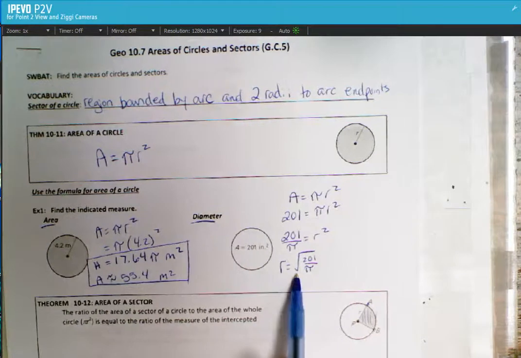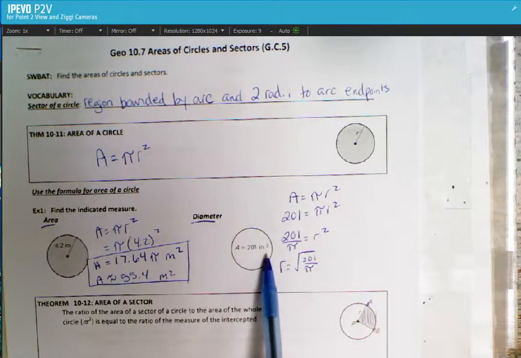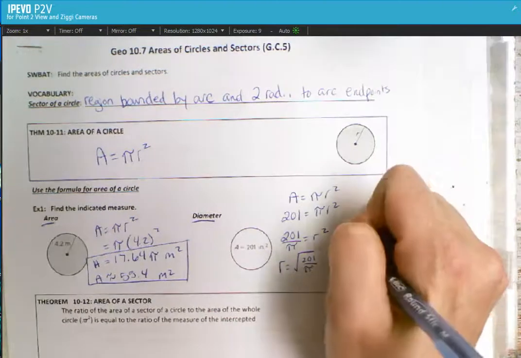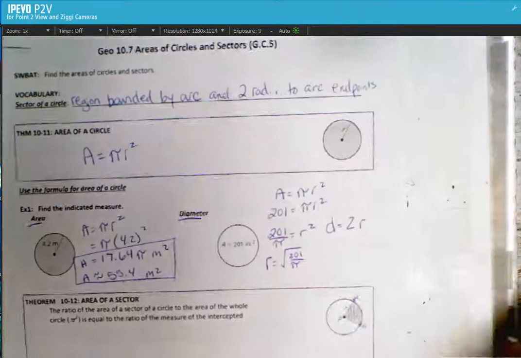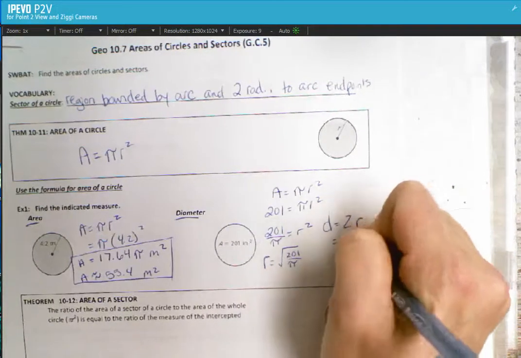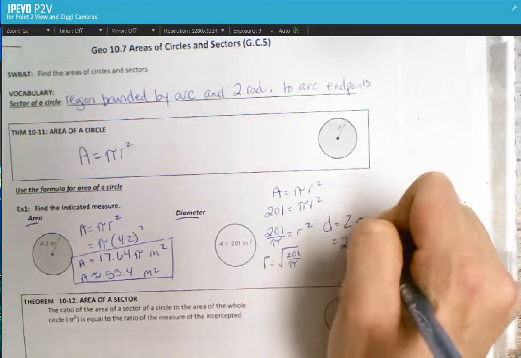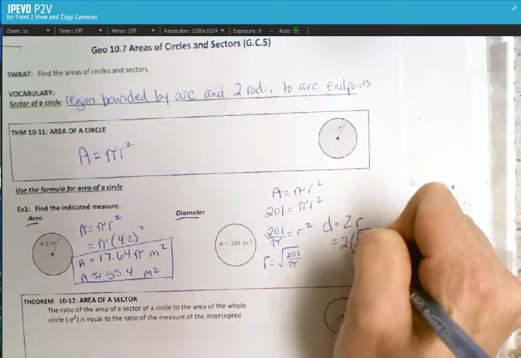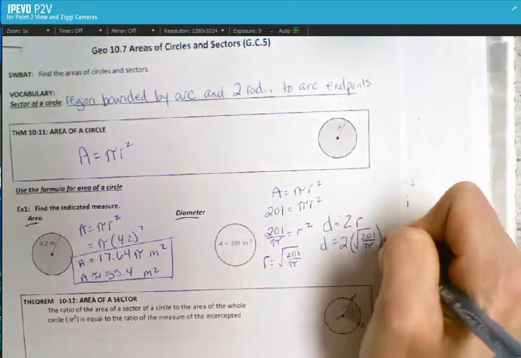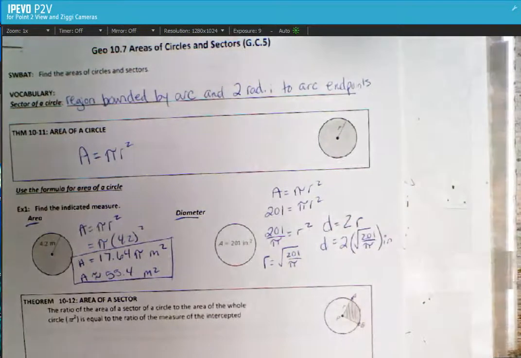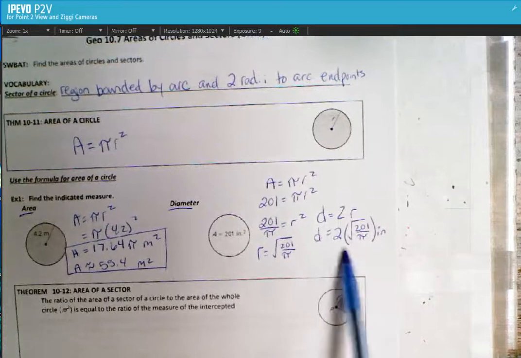But that's just the radius. We know the radius is half of the diameter, so the diameter is twice the radius. So the diameter I'm looking for is 2 times the radius, 2 times the square root of 201 over pi, which is my exact answer, and that's in inches. And now I can put this in my calculator. Be careful with your calculator entries.